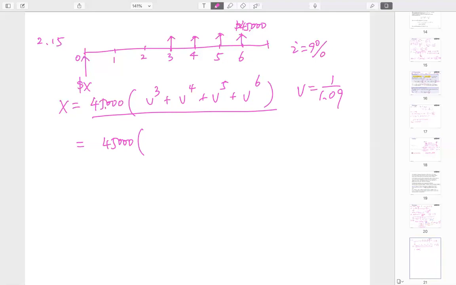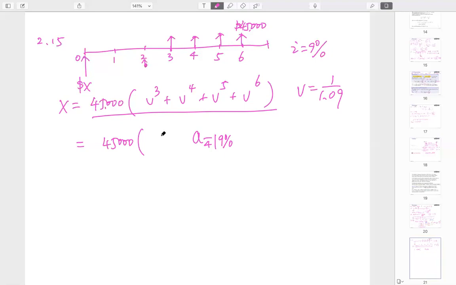Let's say this is an annuity immediate. So I have 4 payments. Again, 3, 4, 5, 6, there are 4 payments because 3 is included. Okay, so I know the interest rate is 9%. If I see this as an annuity immediate, my initial point is at time 2.